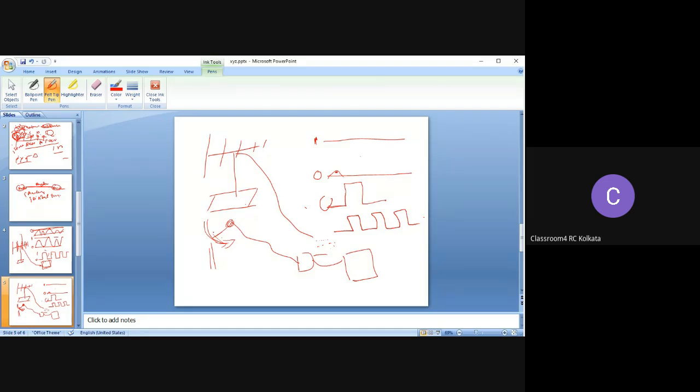So what are the basic differences? A question comes in your exam: what are the basic differences between digital signal and analog signal? First point, a digital signal is actually a square wave.